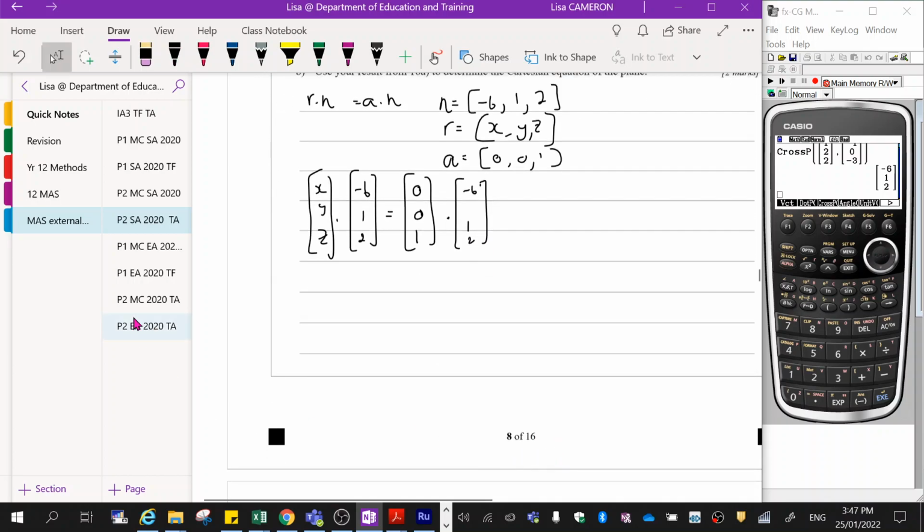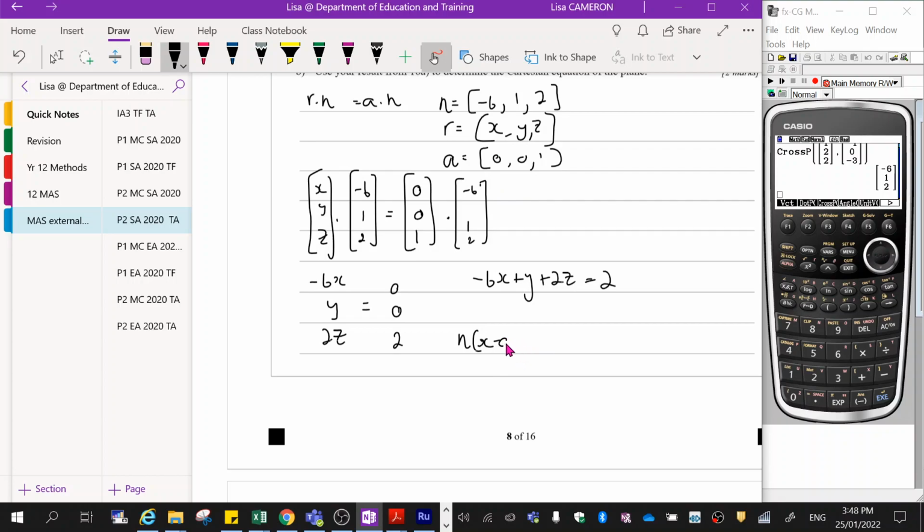Now if I keep going down the page, this is going to become negative 6x plus y plus 2z is equal to 0, 0, 2. So if I write this out now in full form, it's going to be negative 6x plus y plus 2z equals 2.